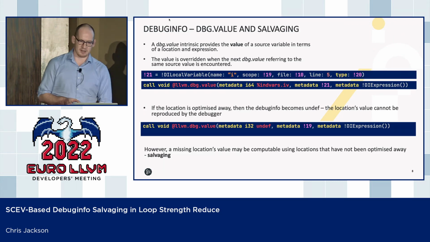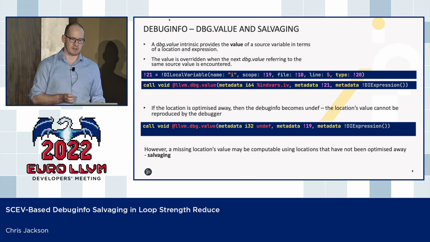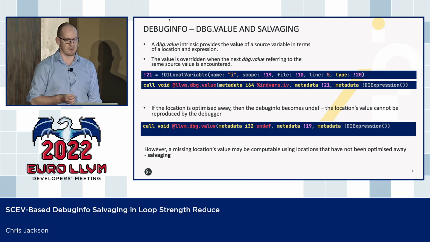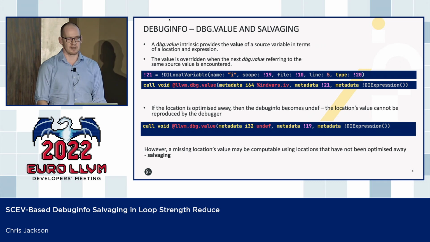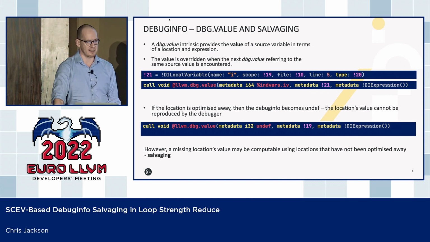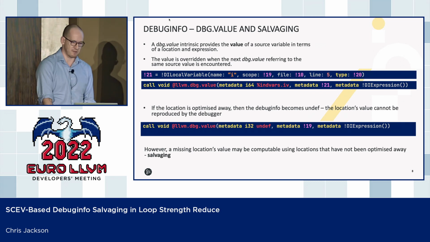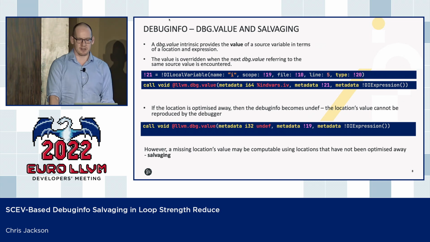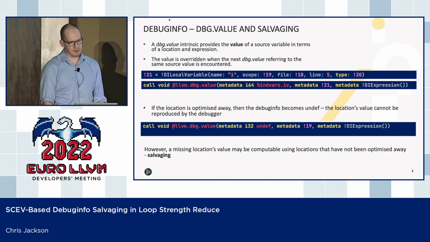So why is that important? Debug.value is for reproducing the value only of a source variable. Its first argument is a single location or list of locations. The second is a reference to the source variable metadata, so the example is demonstrated on the slide. And the third is a dwarf expression, which I'll go into more detail shortly.